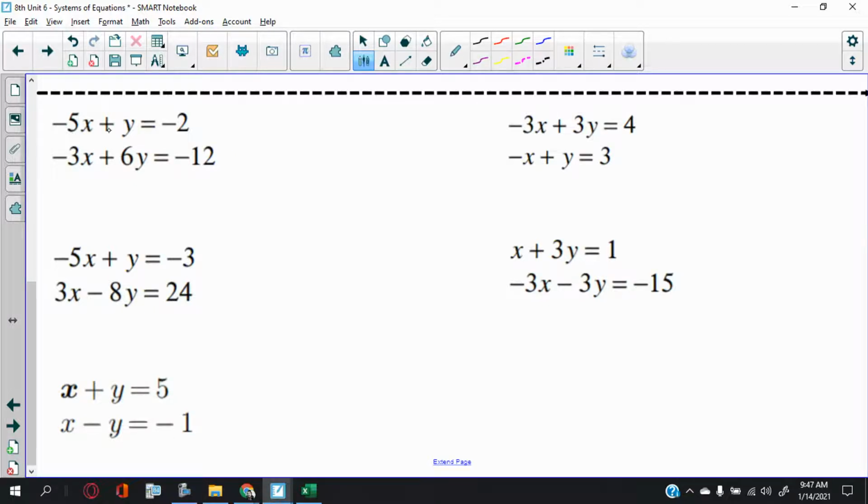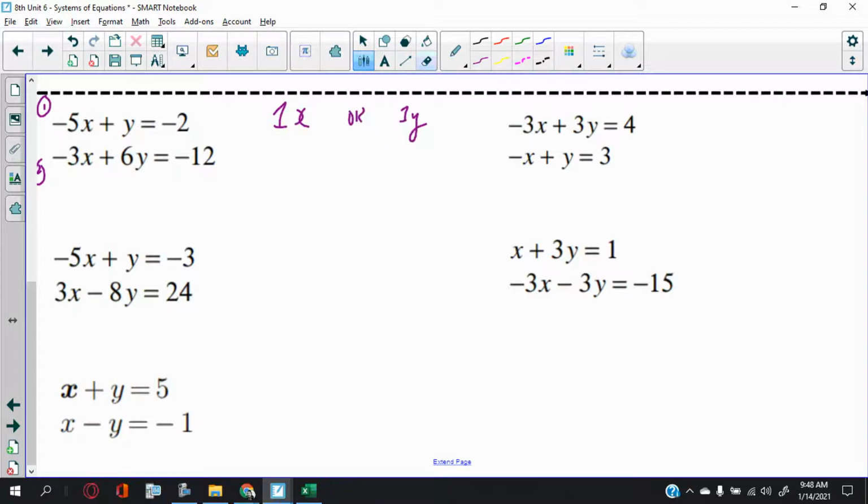Well, if you see a system of two equations like this, with the first equation and the second equation, look at both equations and right off the bat, see if you can spot a variable that's by itself, meaning it has a coefficient of 1. So 1x or 1y.